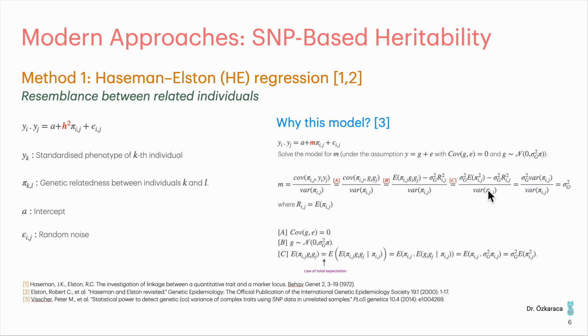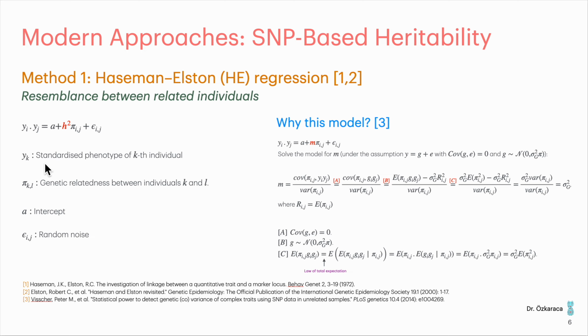In the next few slides, I will be explaining modern approaches to estimating heritability. There are three methods I will be discussing, starting with the Haseman-Elston regression, or HE regression for short. This method operates on a simple yet powerful argument: related individuals tend to resemble one another in their phenotypes. The model is outlined on the left here.